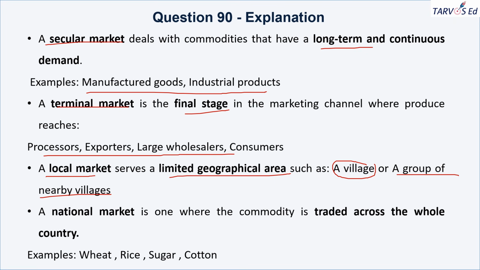And finally, national market is a market where the commodity is traded across the whole country. Okay, within the country it will be traded. Examples: the wheat market, rice, sugar cane, cotton. The common example is apple produced in Himachal Pradesh, getting traded to various other states. This is the example for national market.